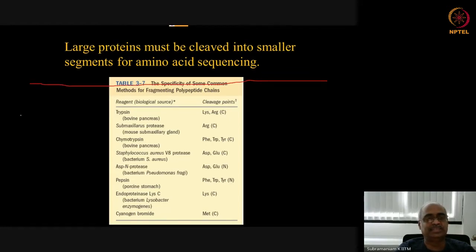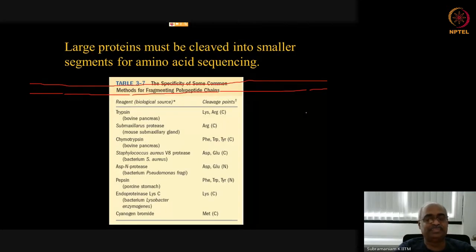So let us say this is a long polypeptide chain, and you used trypsin and it cleaved into, let us say, these many peptides. Now the way I have drawn here, this is 1, this is 2, this is 3 and 4 and 5.